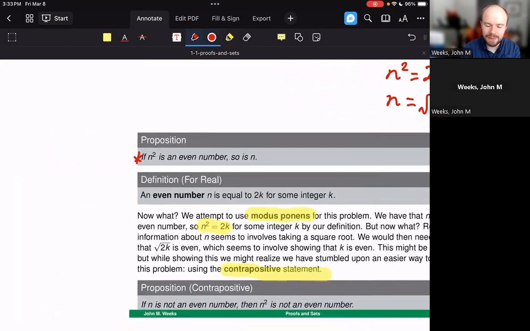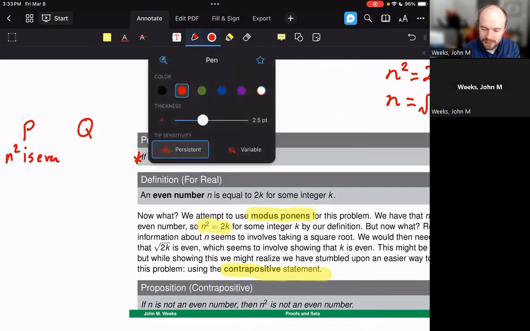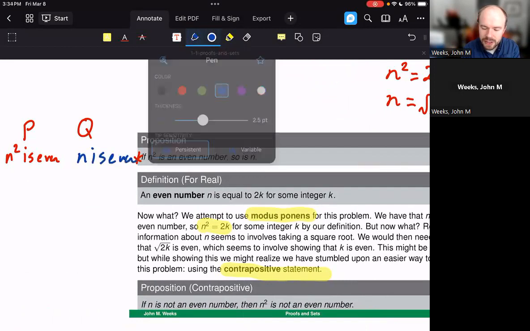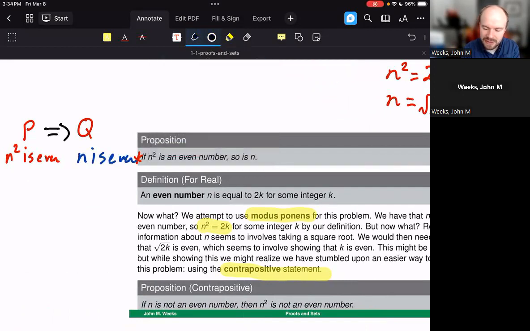Think of it this way. Let's say that we have two statements, P and Q. And let's say that P is the statement n squared is even, and that Q is the statement n is even. Then what we're attempting to do here is show that P implies Q: that if n squared is even, then n is even.